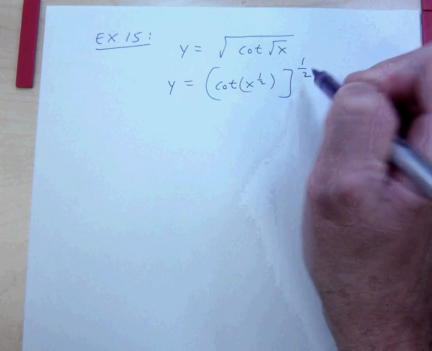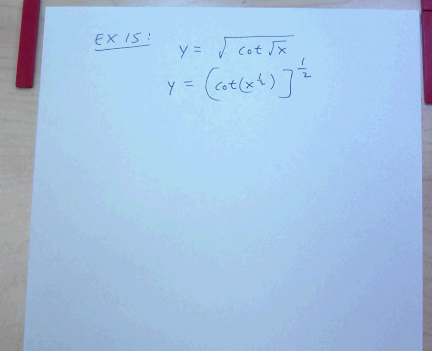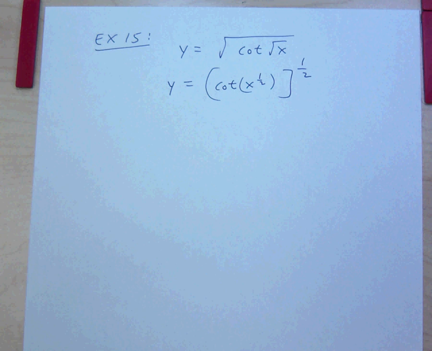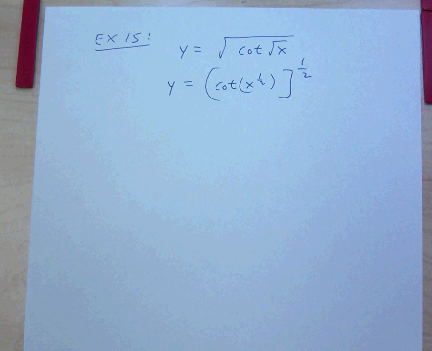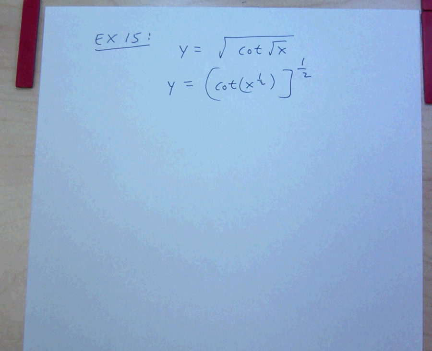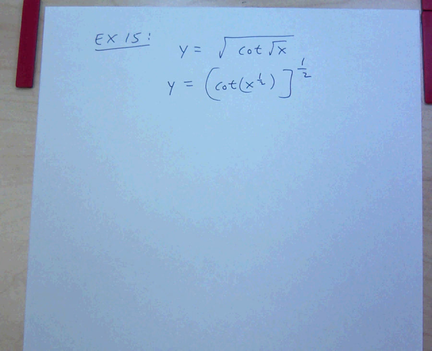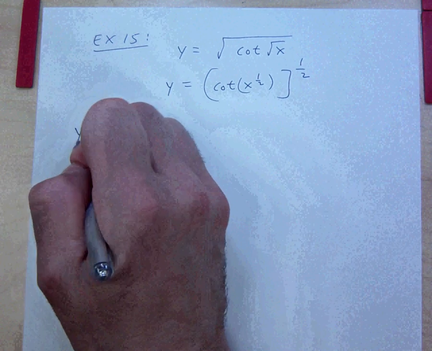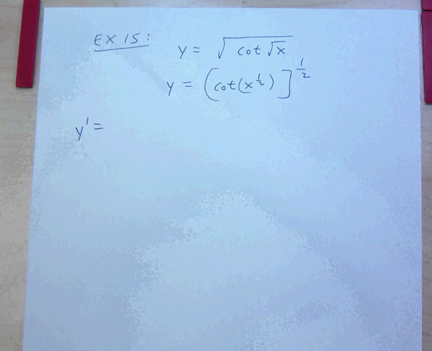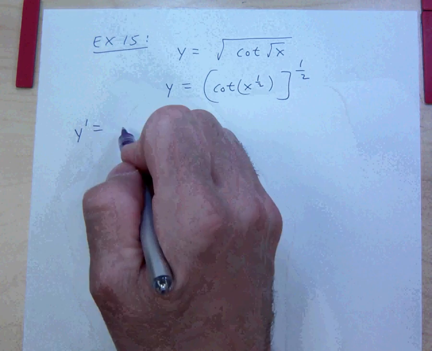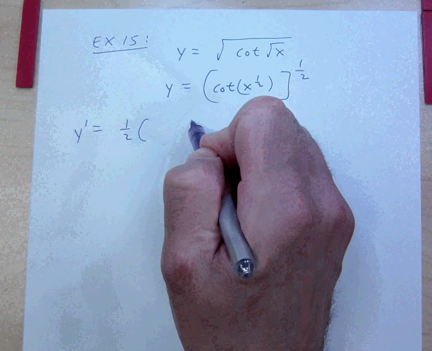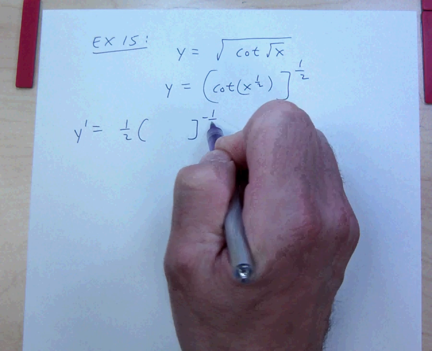Okay, so can I rewrite it like that using just some algebra 1 manipulation, right? Agreed? Okay, so now it's clearly a composition. And so I'm going to start taking the derivative by taking the derivative of the outside. And so to take the derivative of the outside, I bring down the exponent and subtract 1 from the exponent, right? Which gives me that.